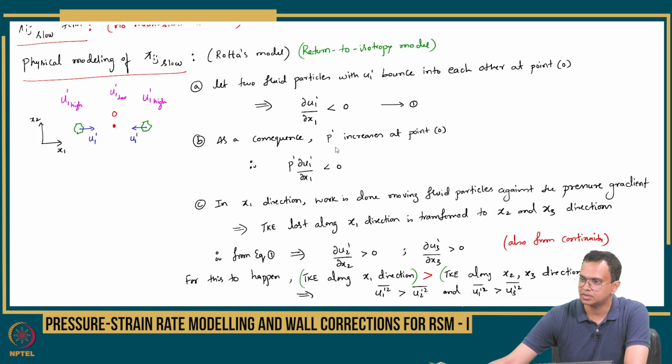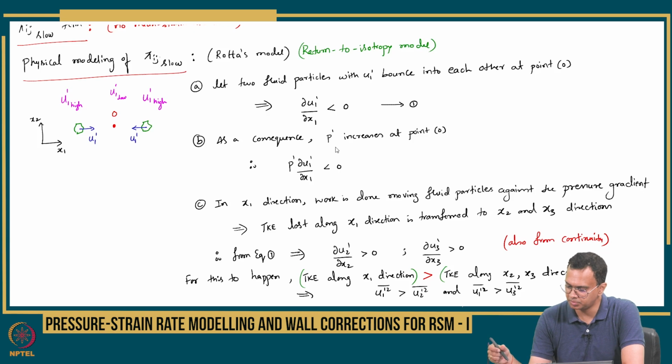And another argument is that the amount of energy that is being transferred from one to the other two directions should also be proportional to the difference in the TKE components. So we will try to establish a relationship between these three normal stresses, which constitute the components of turbulence kinetic energy, and we already have this pressure strain rate term, p'/ρ ∂u1'/∂xn, as one of the components. So we have to establish a relationship between this particular component and the TKE components. Okay.